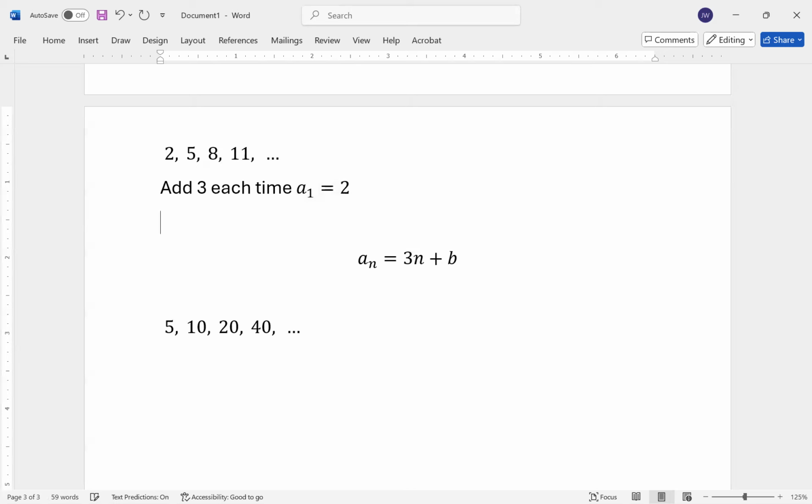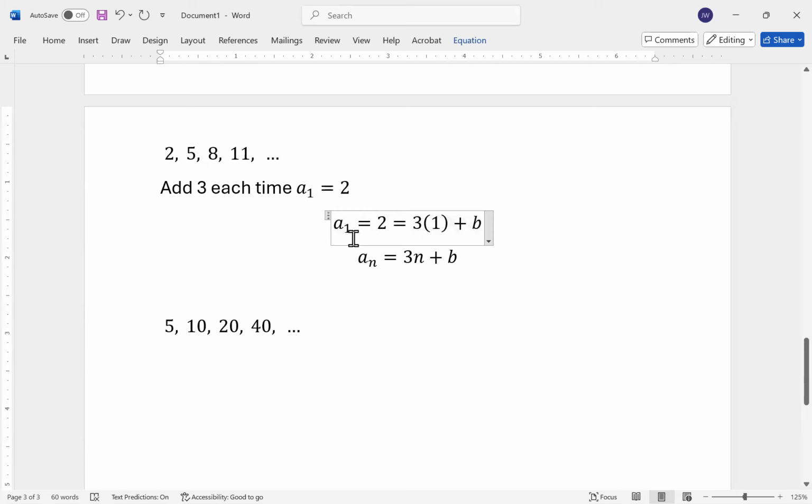So that means that when we plug in 1, 3 times 1 plus b has to be equal to 2. So 3 plus b equals 2, which means that b has to be negative 1. So you can solve this equation for b, and it has to be negative 1.